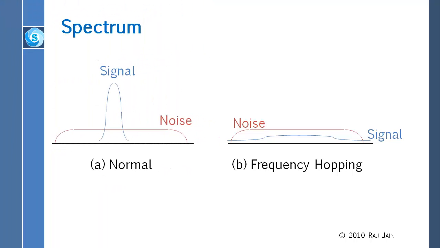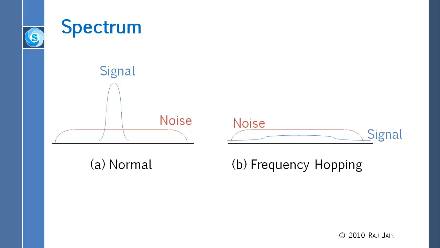Now the net effect of frequency hopping is this. A signal is generally at one frequency and has a lot of power at that frequency. Noise generally is much lower power, but it is at all frequencies. So if the x-axis was frequency and the y-axis was power, in the frequency domain a normal signal looks like this. But with frequency hopping, we are sending some power at this frequency, some power at that frequency, some power at that frequency.